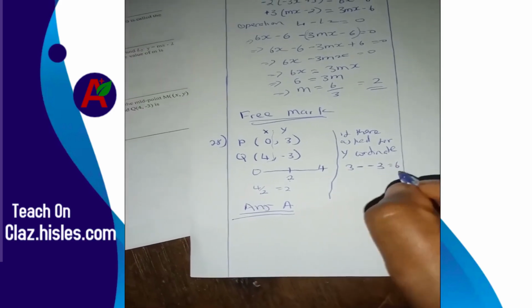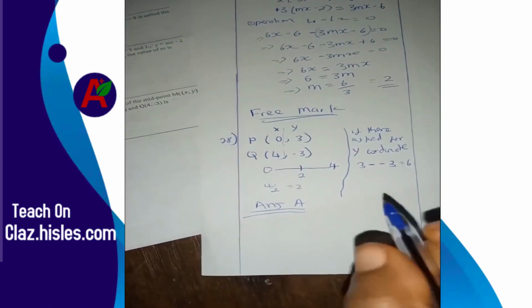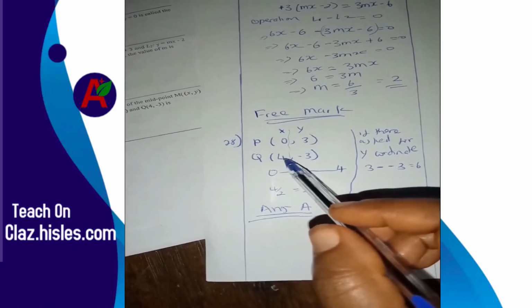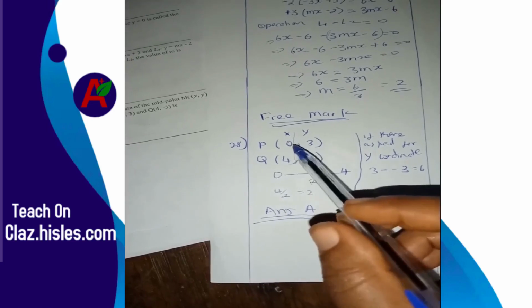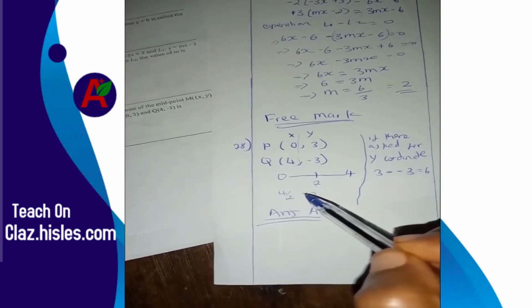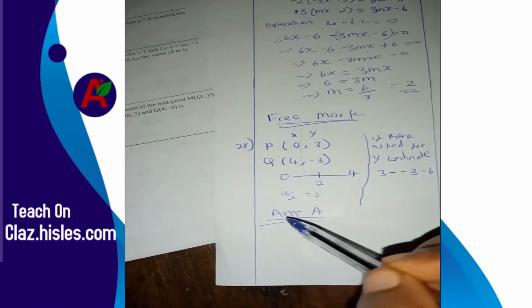That's if they would have asked for the y-coordinate. I just want to explain this to you, but since they asked for the x-coordinate, we had to do 4 minus 0, which gave us 4. To find the midpoint, we divide it by 2, and that gives us 2. So our answer is A.